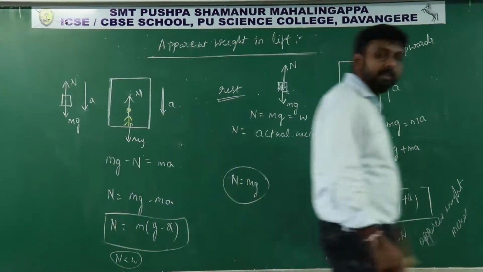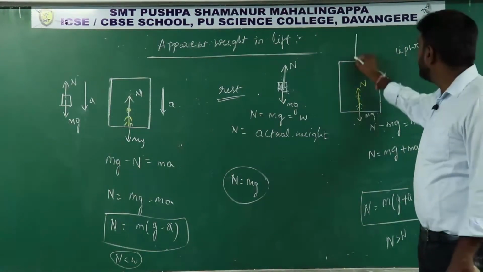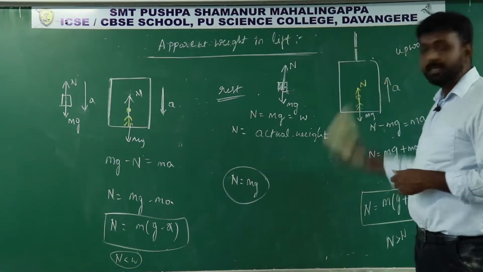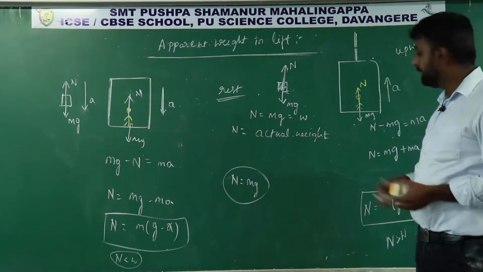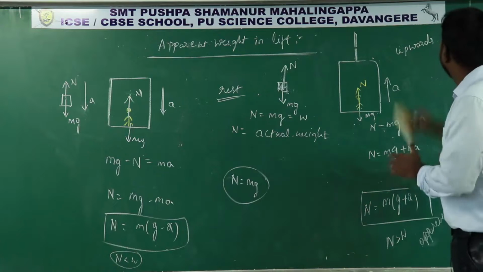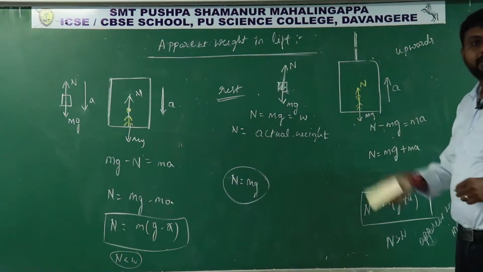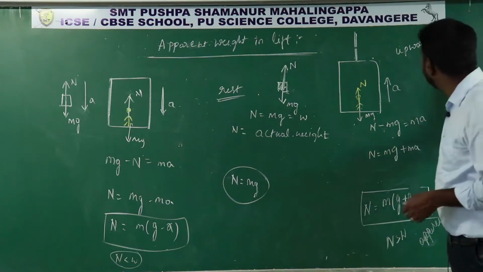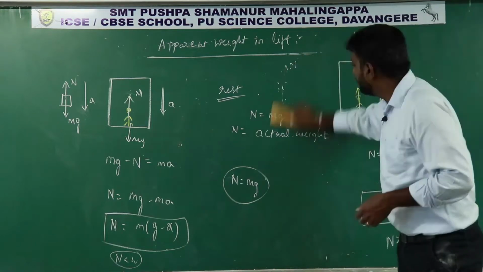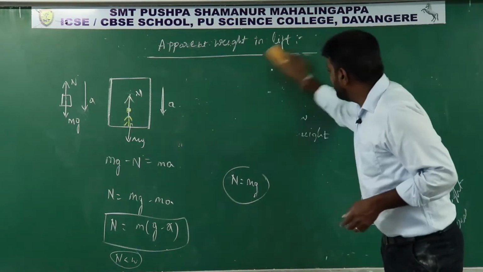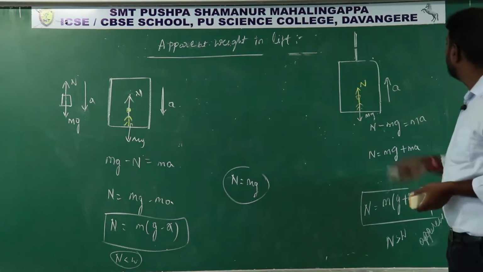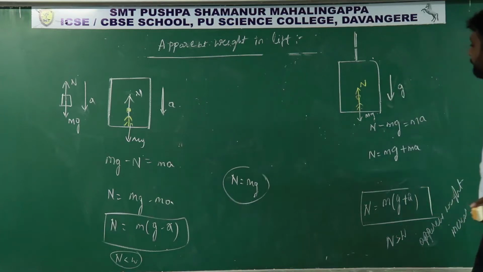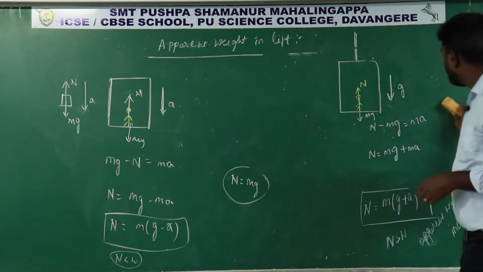And let us assume a condition. A lift has a cable, and suppose the cable breaks, then what happens? It is nothing but a freely falling case. If you drop an object, it will fall with acceleration due to gravity, that is g. So if the cable breaks, the lift will move downward with acceleration g.